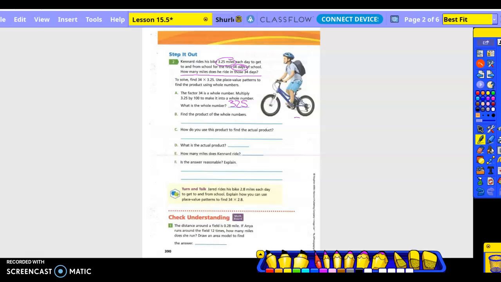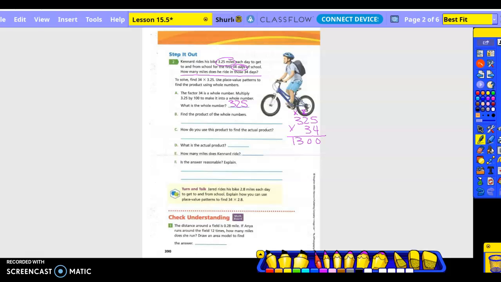So 325 times 34. Okay, 4 times 5 is 20, put a 0, carry the 2. 4 times 2 is 8, plus 2 is 10, carry the 1. 4 times 3 is 12, plus 1 is 13.